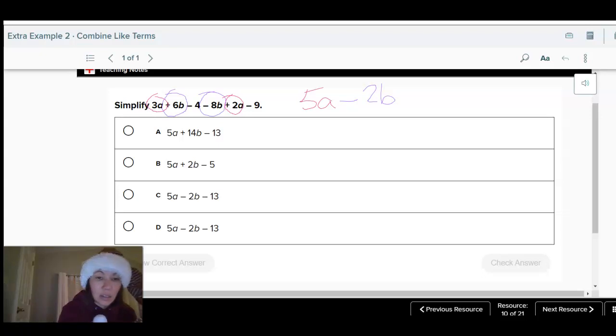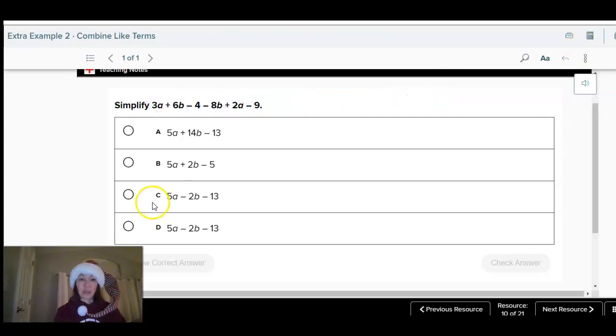And then I have negative 4 plus negative 9. So when we're combining like terms, we're adding these like terms together. Negative 4 plus negative 9 is negative 13. So which answer choice is that? 5a minus 2b minus 13 is going to be our answer here.